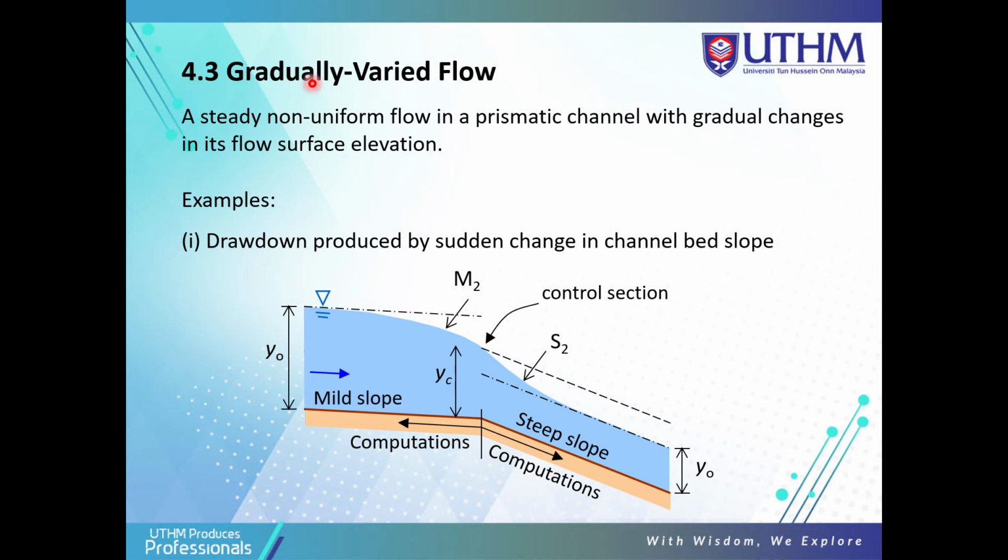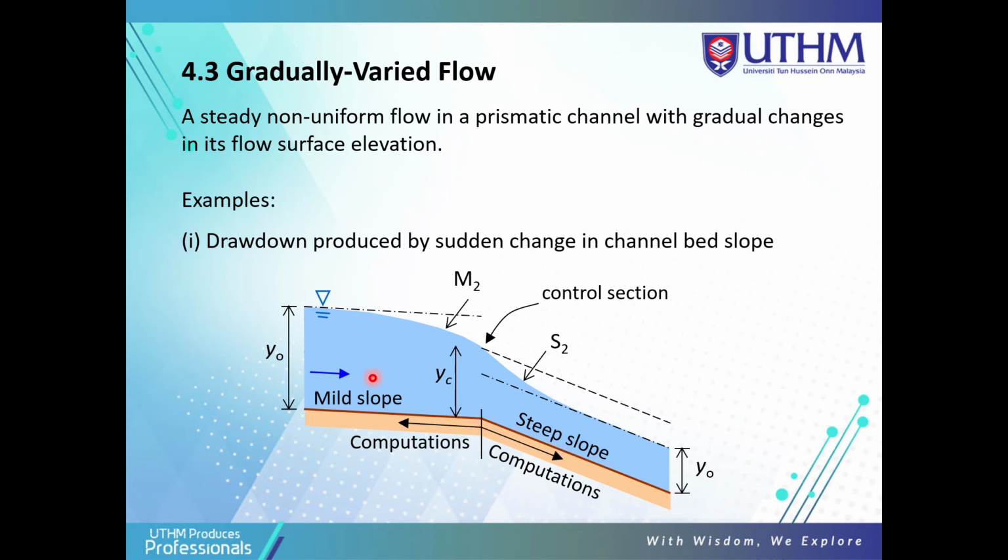So now we are on the new subtopic, gradually varied flow. Gradually varied flow is a steady non-uniform flow in a prismatic channel with gradual change in its flow surface elevation. For example, drawdown is produced by a sudden change in channel bed slope, from the mild slope here to a steep slope.